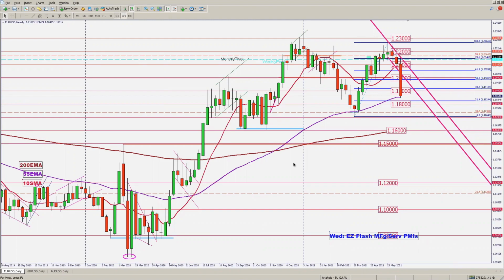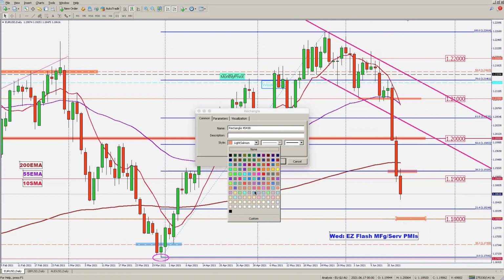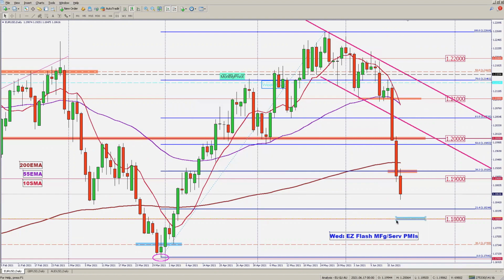We'll leave it at 118 for now, and that's the support zone. And this week, the only news from the Eurozone is just the flash manufacturing and services PMIs, along with the rest of the major economies as well.